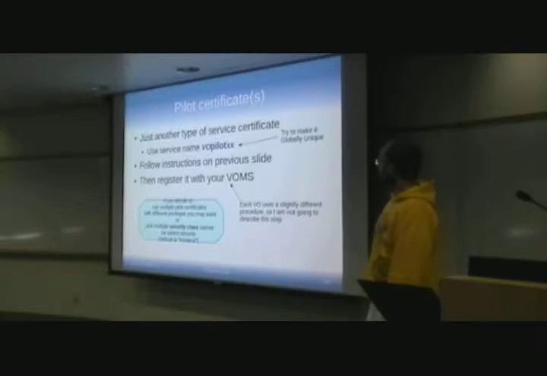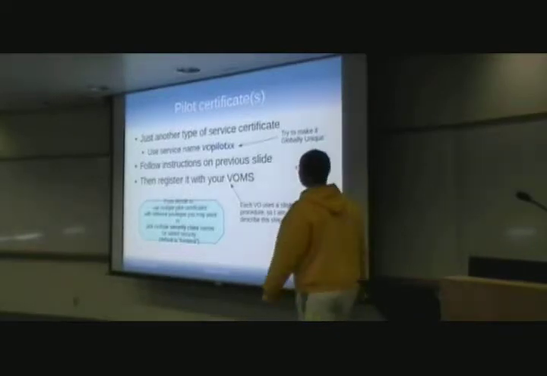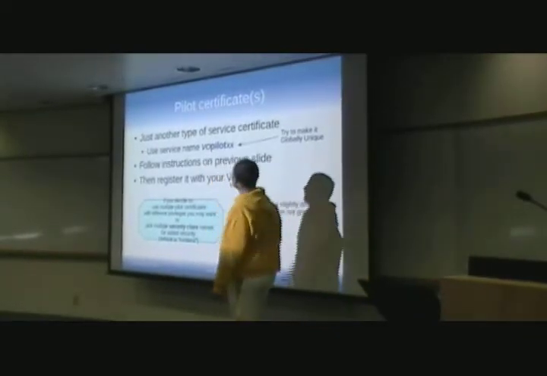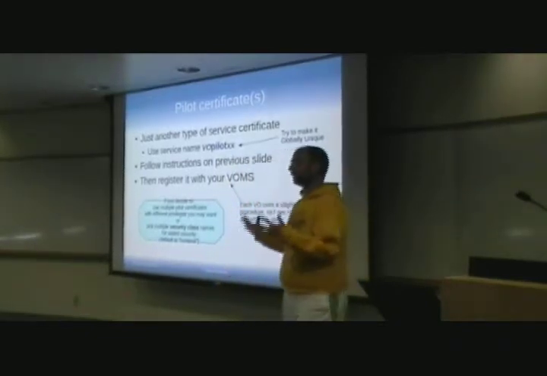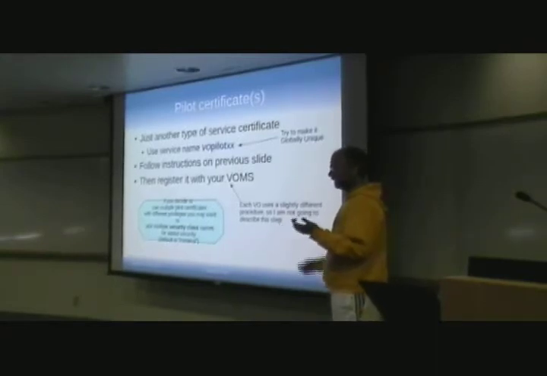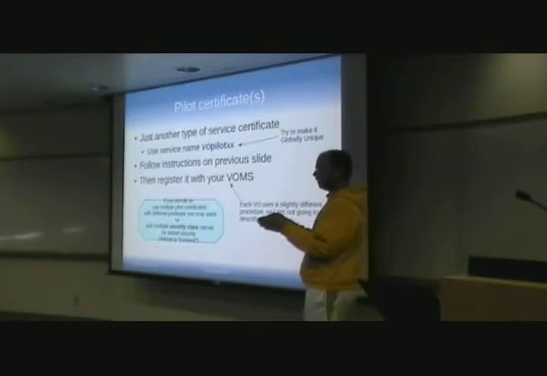Similar for the pilot certificate, but this one should really be a service certificate. And you should use a service name that is as much as possible globally unique and has something of your VO name in it. This is simply because the DN you get after that will say blah blah blah slash VO pilot slash the name of the node.